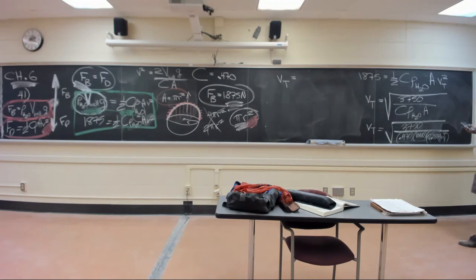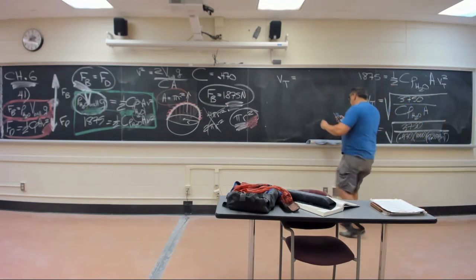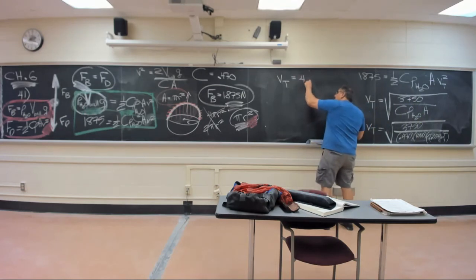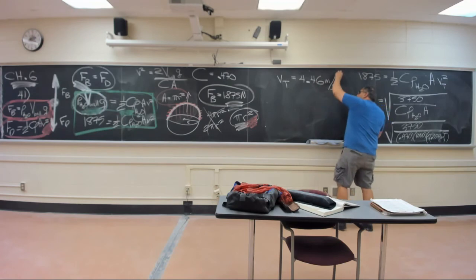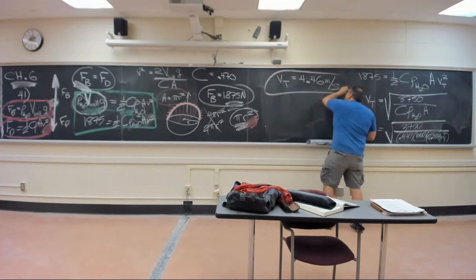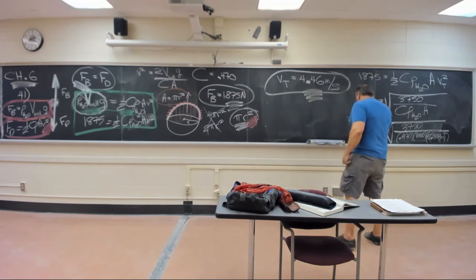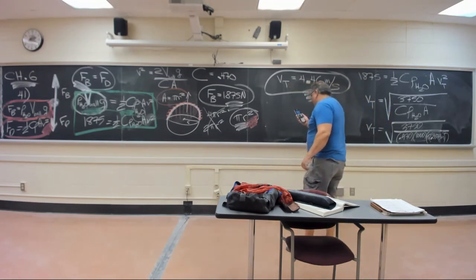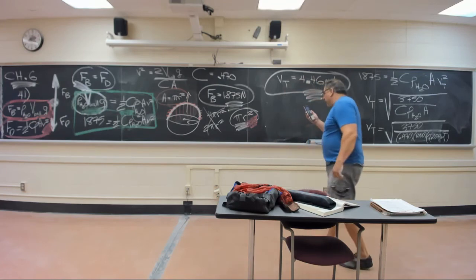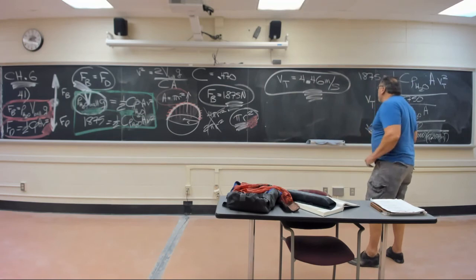All right, that's better. That's what I got in the initial correction that I had done. This is what it should be. This is the terminal velocity. This is as fast as it's going to get. About 4.46.